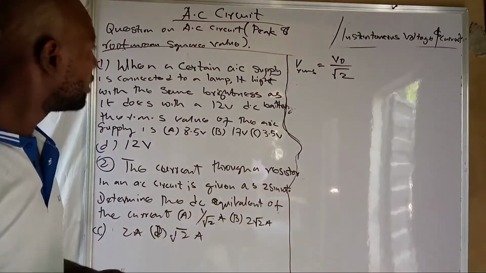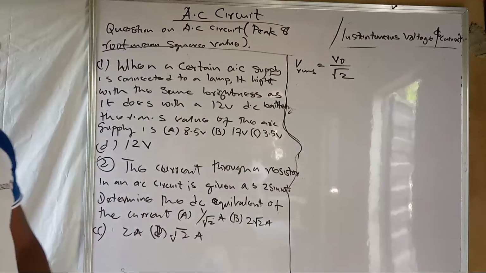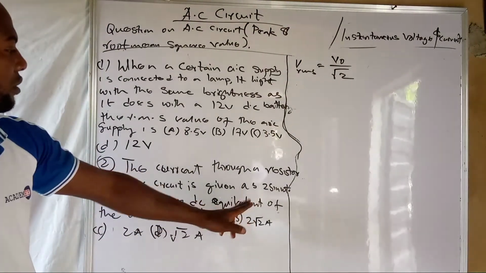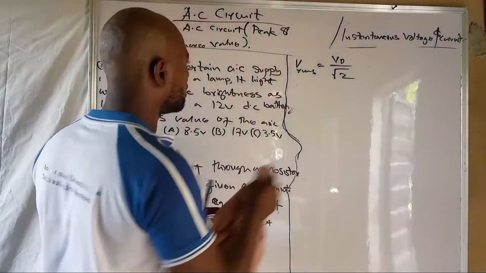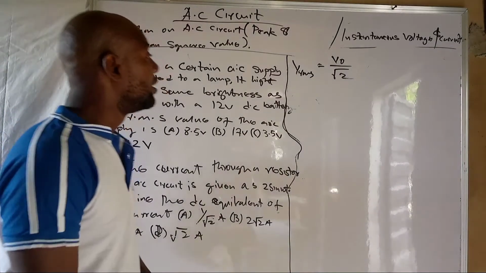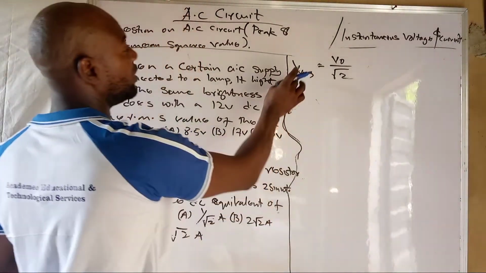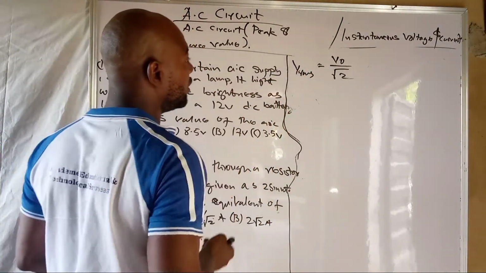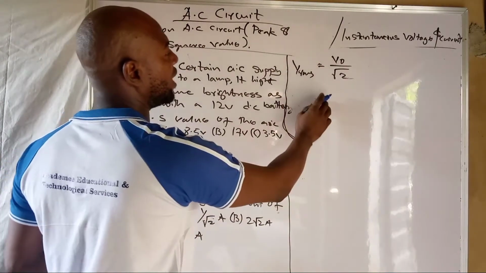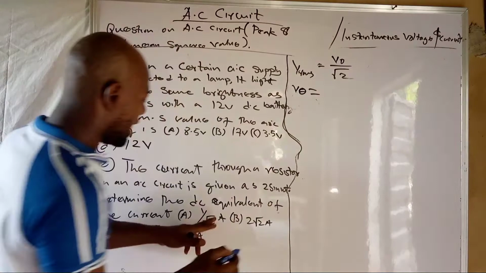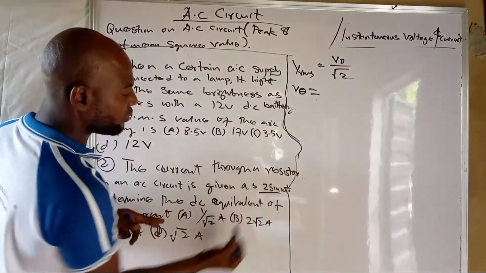From the formula of instantaneous current, I root mean square is equal to I naught over root 2, where our I naught is given as 2 from this question.